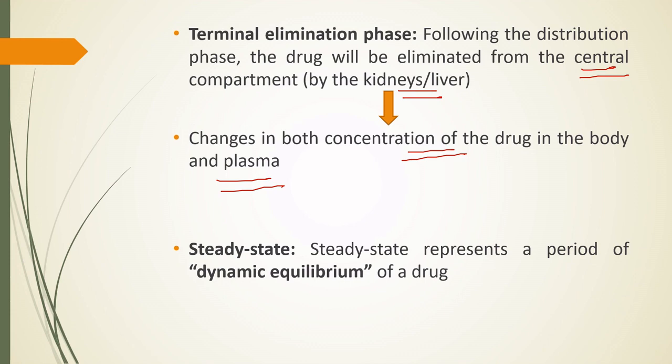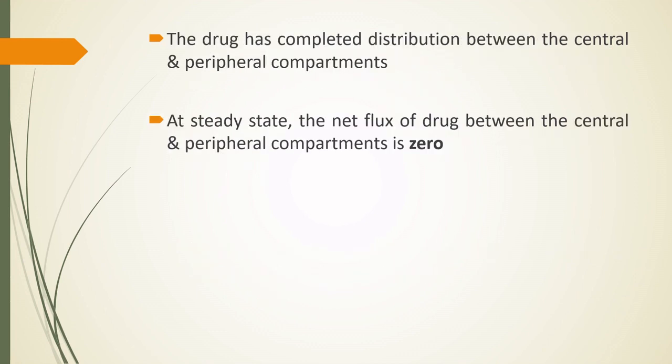Now, in between these two phases, there will be a steady state. The steady state of a drug represents a period of dynamic equilibrium, because in this steady state, the drug has completed its entire distribution between the central and the peripheral compartments.